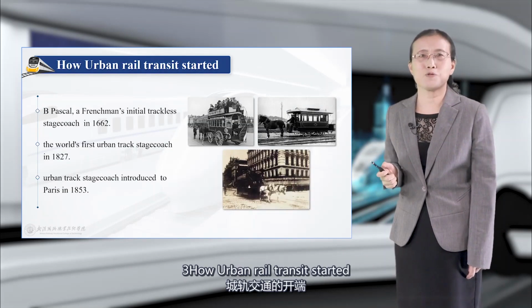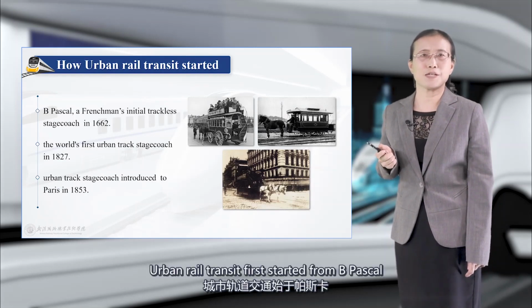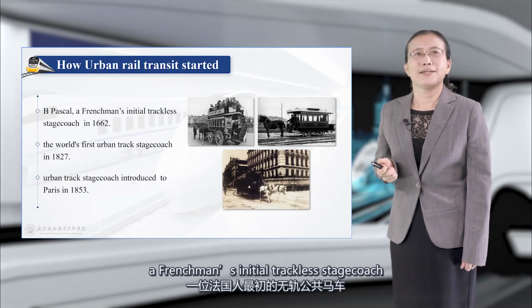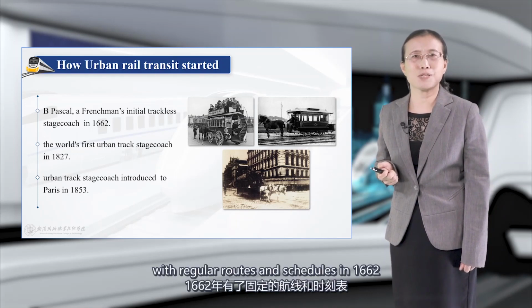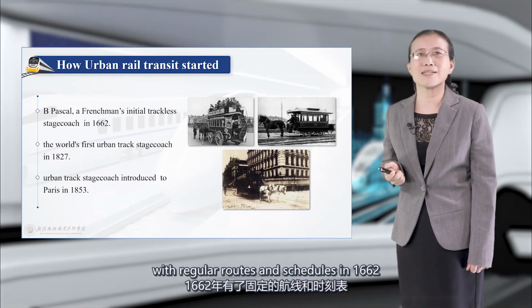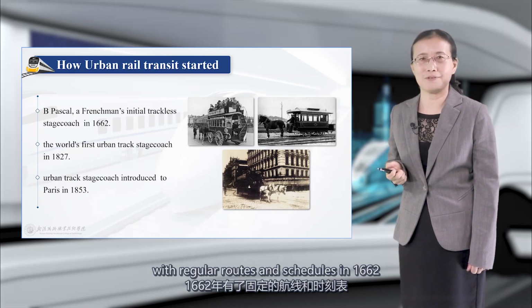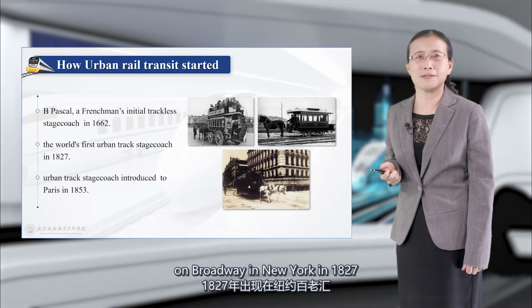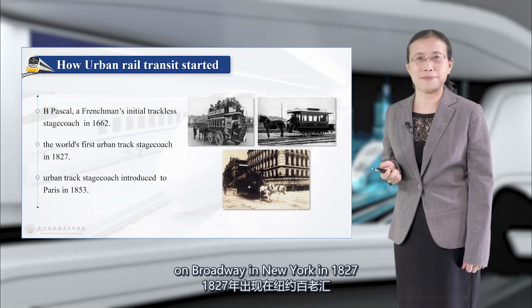How did urban rail transit start? Urban rail transit first started from Blaise Pascal, a Frenchman, and his trackless stagecoach with regular routes and schedules in 1662. The world's first urban track stagecoach appeared on Broadway in New York in 1827.